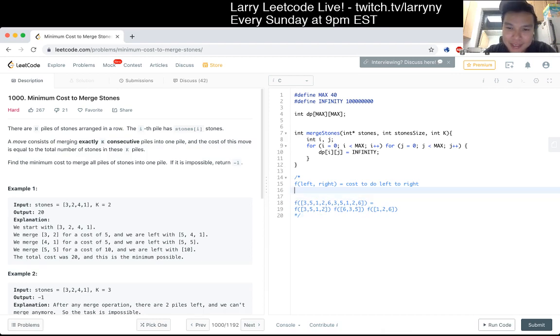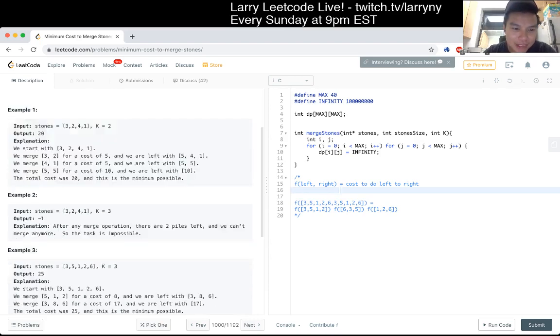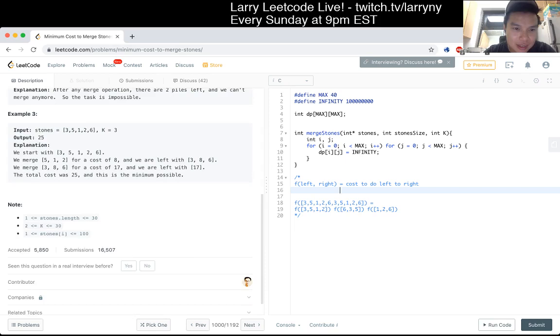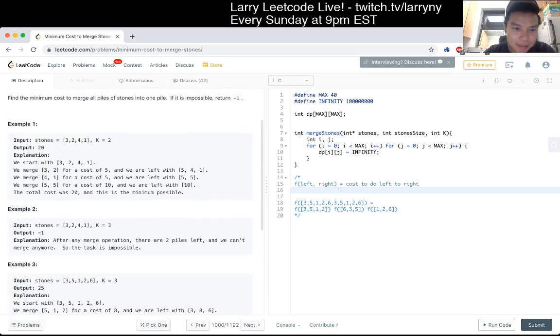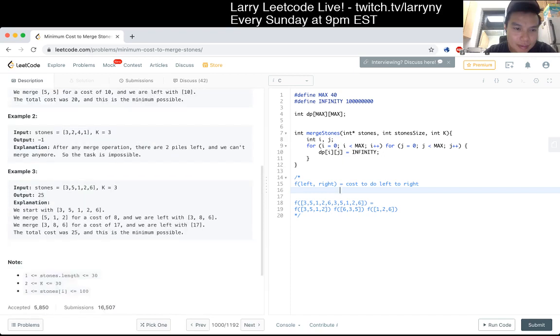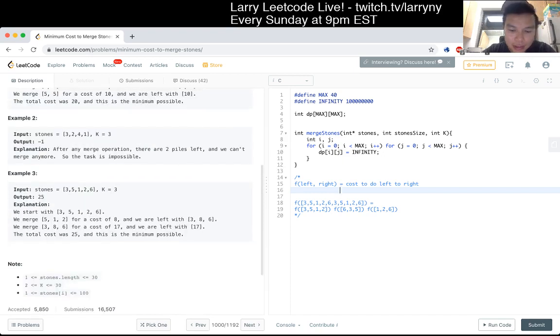Is this right? Maybe 30 is a hint. How do we brute force this if we want to? Two to 15.